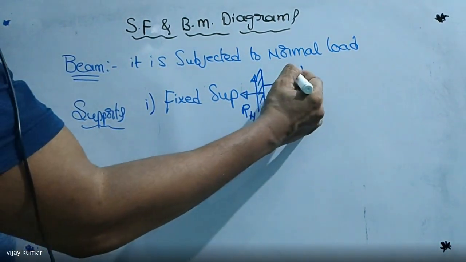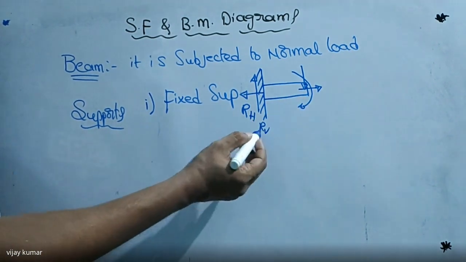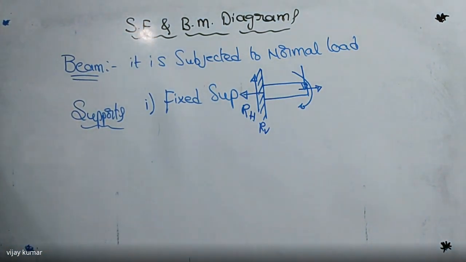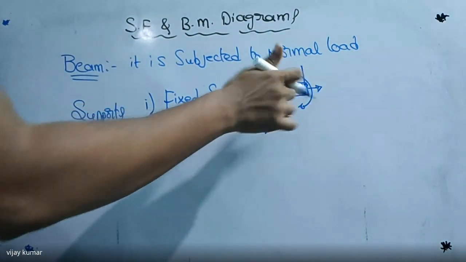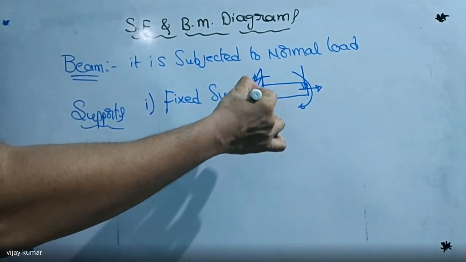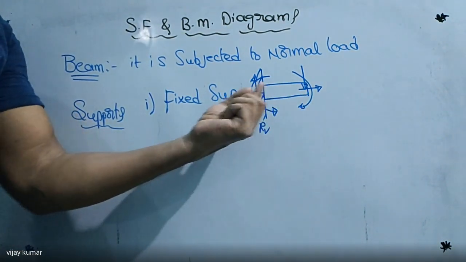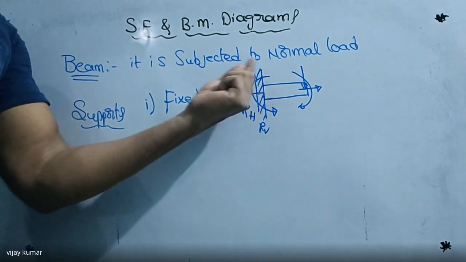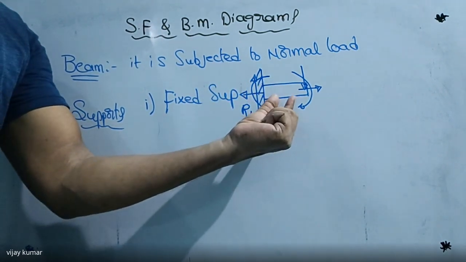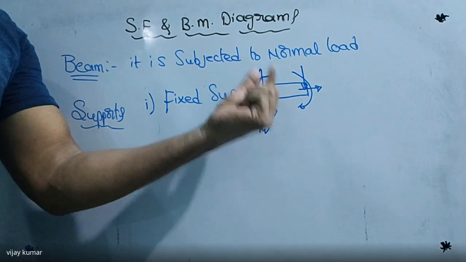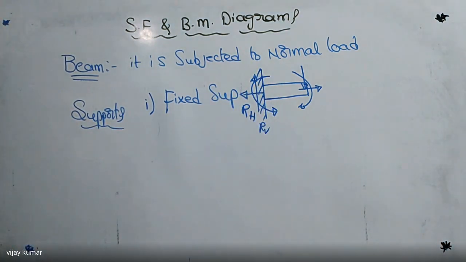And if you want to rotate this beam like this, according to Newton's third law, every action has an equal and opposite reaction. This support does not allow the beam to rotate in this direction. Did you get my point or not? So there must be equal and opposite reactions maintained by the support. Otherwise, this component is not in equilibrium and will fail.